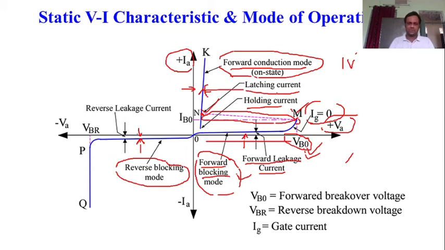If somehow we achieve this condition, that your anode current is below the holding current, your thyristor is turned off, otherwise no. If you maintain the anode current above the holding current, it cannot be turned off. The condition is that you must make your anode current go below the holding current. Otherwise, your thyristor can be turned on again.